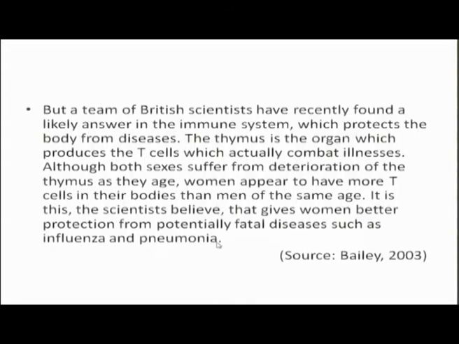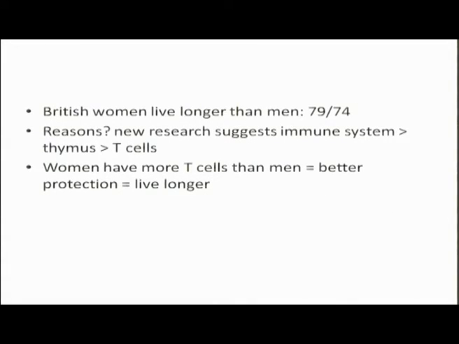So, if you use the sentence method and you take down notes, it will be something like this. British women live longer than men. You have used information in very abbreviated form. Women 79 and men 74. Reasons: new research suggests immune system, and in particular thymus and then again T cells.